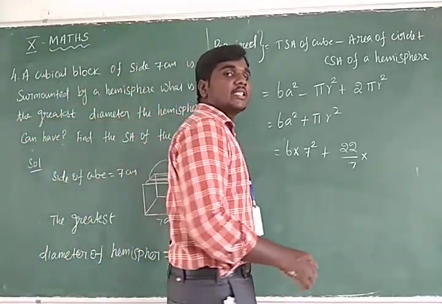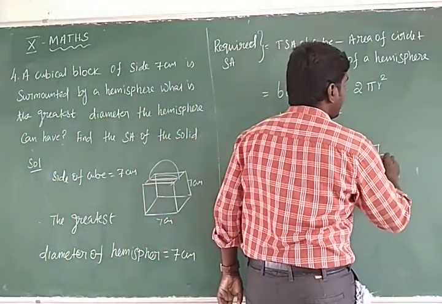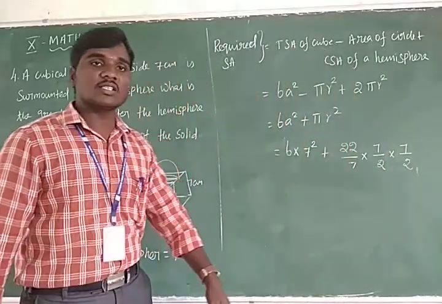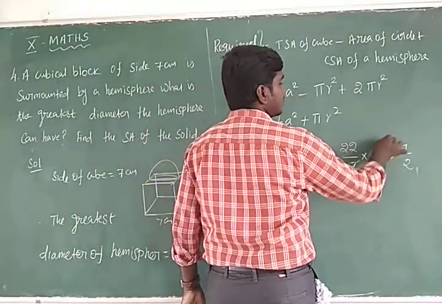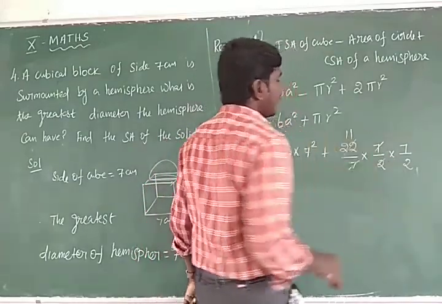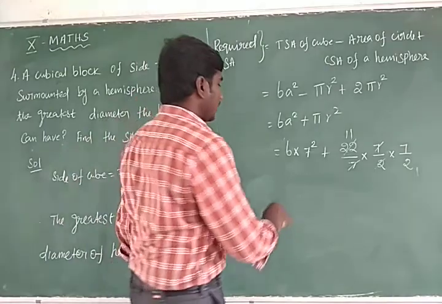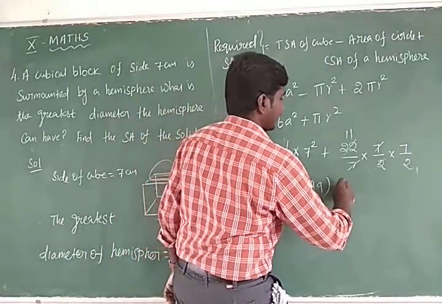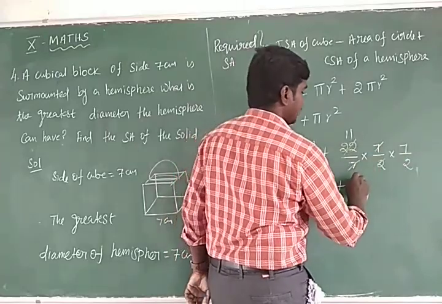But radius of hemisphere is 7 by 2, into 7 by 2, into 7 by 2. The 7s cancel. 1 2 is 2. 11 2s are 22. Now 6 into 49 plus 11 into 7.